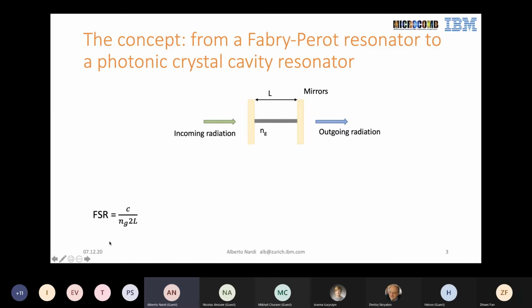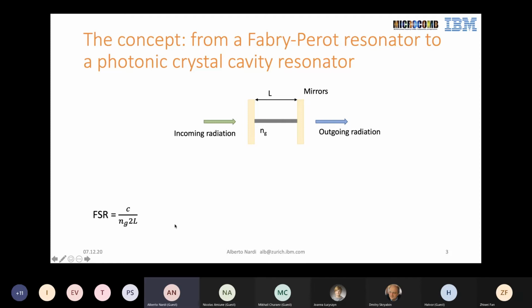So to generate frequency combs, we need an FSR that increases with the frequencies. And usually in ring resonators, the length of the cavity is fixed, and we change the FSR in frequency depending on the group index.